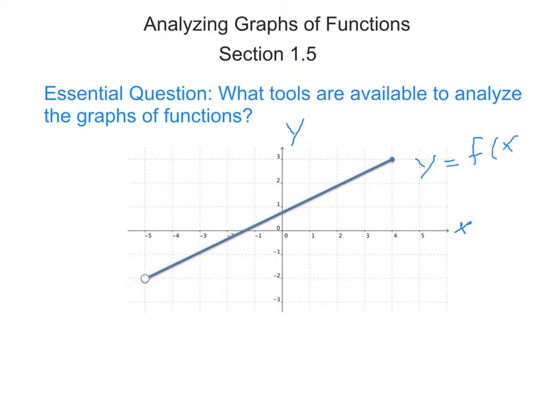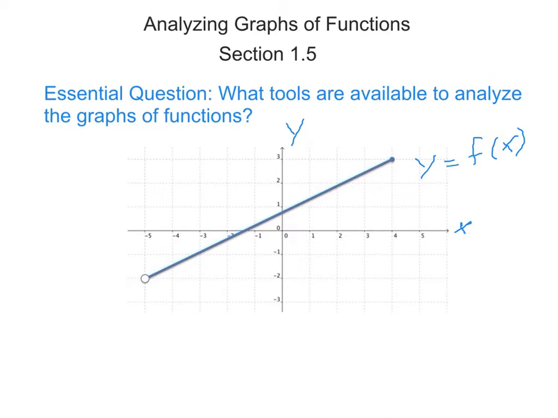Now, we might ask ourselves, what is the domain and what is the range of this function? So let's start with the domain. And the domain is basically the x values. What are the possible values of x for this function? Well, if you look at the x values, we can see that it goes from -5 to +4. However, notice on the line at -5, we've got an open circle. Well, what does that mean? That basically means that x cannot equal -5.